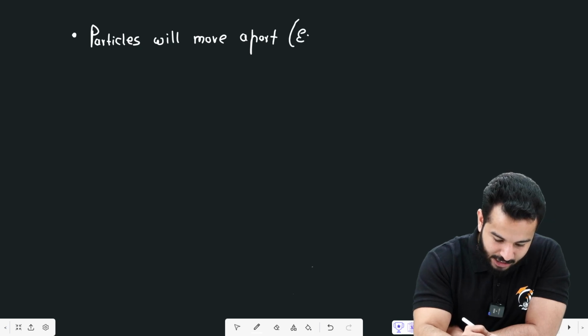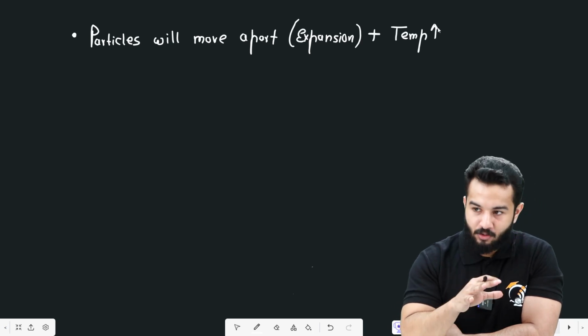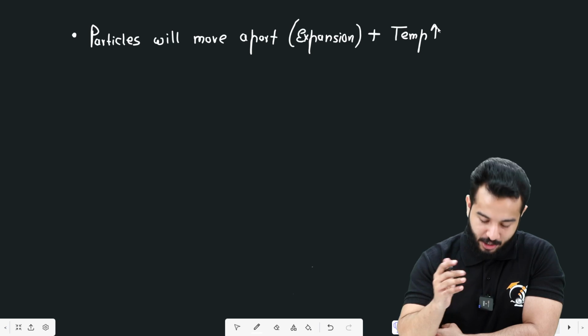That's what we call expansion, right? And during this, temperature also rises. How this is happening, I'm going to explain to you.